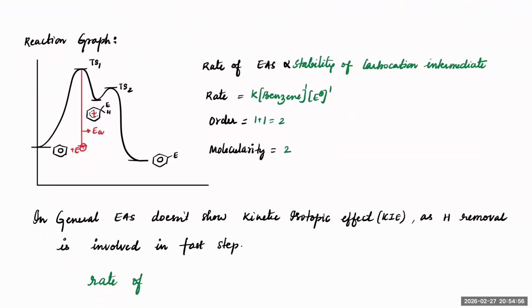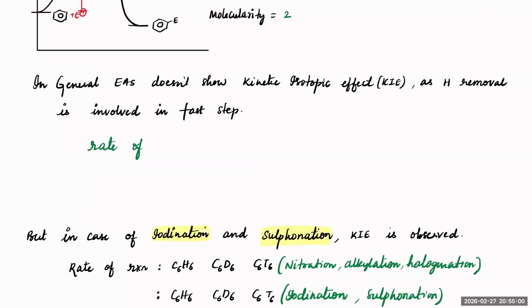All okay, everybody? So you can see in general, electrophilic aromatic substitution does not show the kinetic isotopic effect, which is the idea that you are removing hydrogen during the rate determining step from the molecule. If you are removing hydrogen during the rate determining step, then we say we have a kinetic isotopic effect.